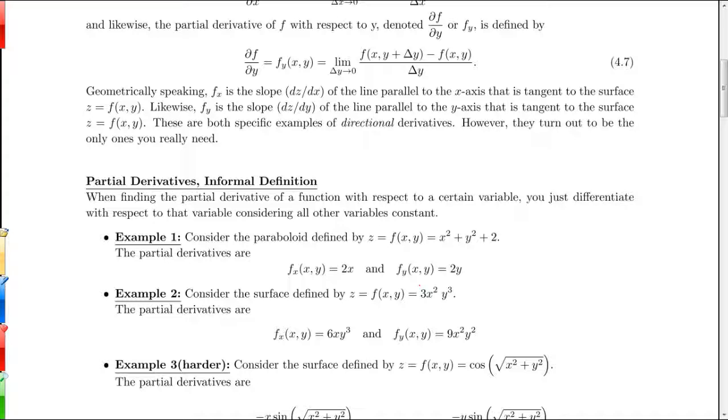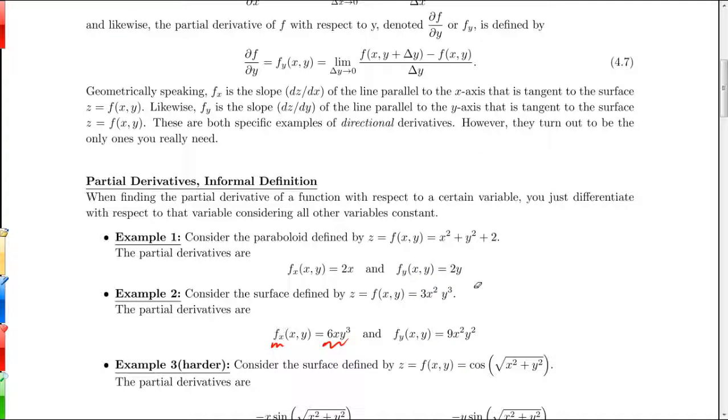So suppose now I have this function, f of x, y equals 3x squared y cubed. If I look at the derivative with respect to x, if this is just a constant, and that's just a constant, then the 3y cubed comes along for the ride, and the x squared becomes 2x. So it becomes 2 times 3, 6x to the 1, y cubed.